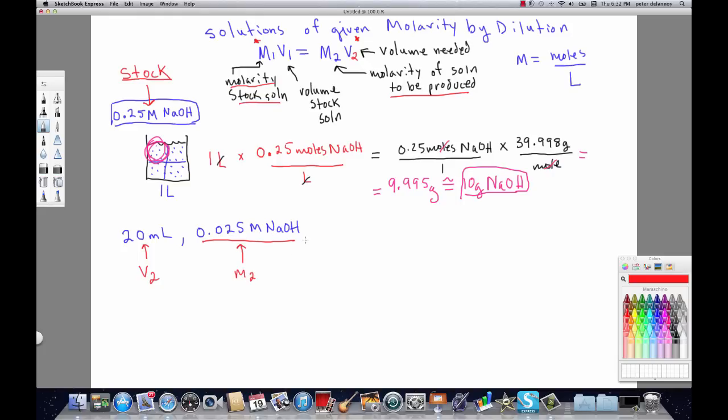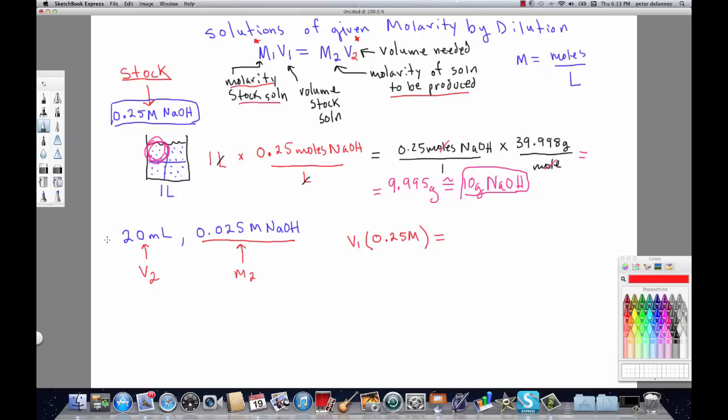To figure out how much of the stock solution we're going to need, we set up a simple equation, and the way I like to do it is like this. We're solving for V1, so I'm going to write that down. Then I'm going to have parentheses, and in the parentheses I'm going to write the concentration of the stock solution that we already have in the laboratory, and this is going to be equal to V2, which is our volume.